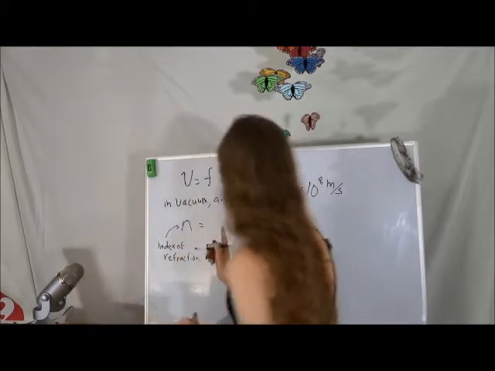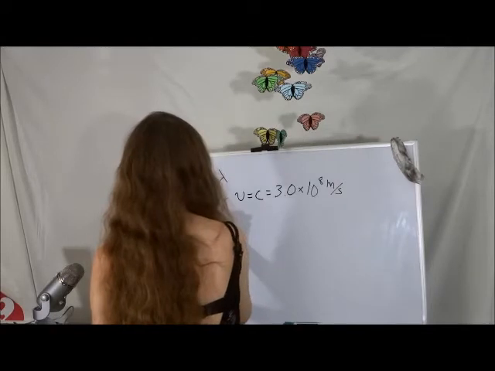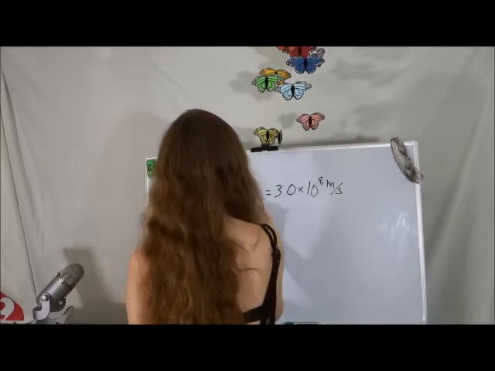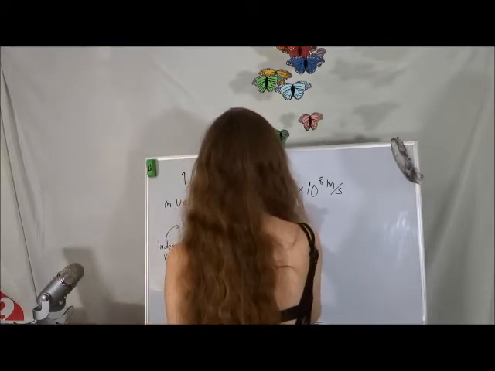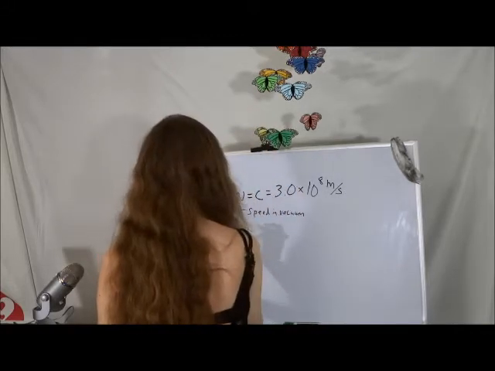And it's just the ratio between the speed of light in vacuum and the speed in the material. So it's defined as c over v, where c is speed in vacuum, and v is our speed in material.